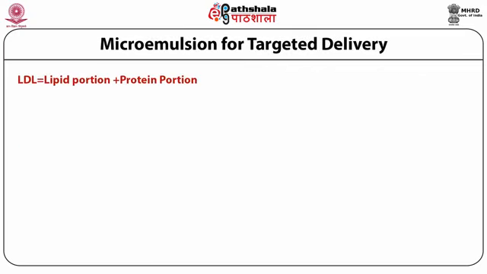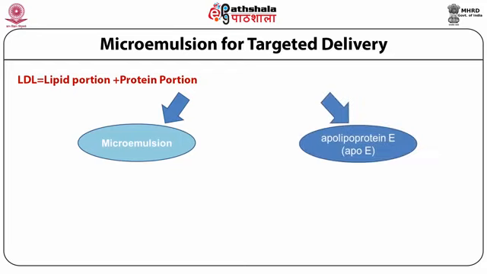LDL receptor consists of lipid portion plus protein portion, and the lipid portion is equal to that of the microemulsion. And into this microemulsion, to cover up the deficiency of the protein portion, lipoprotein E, that is ApoE, is added.